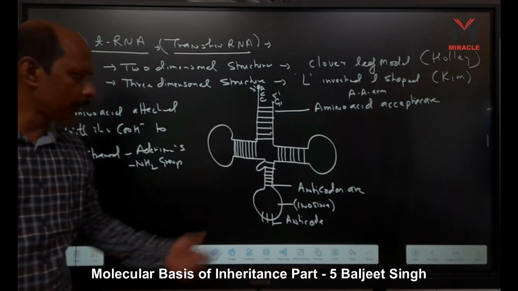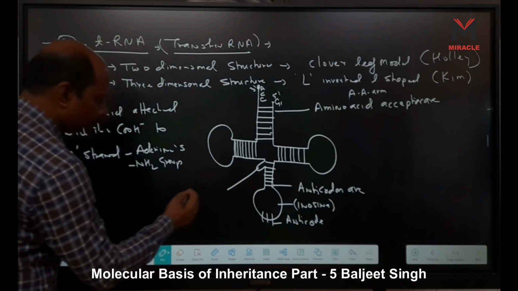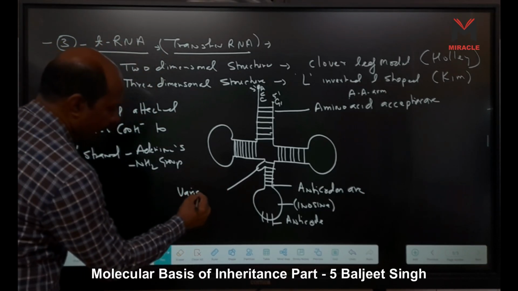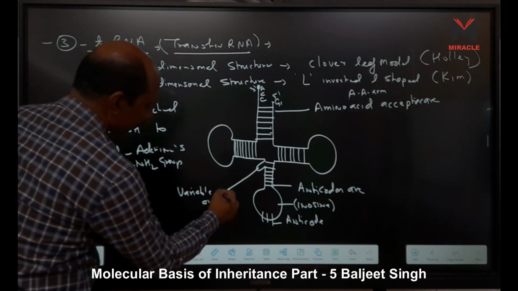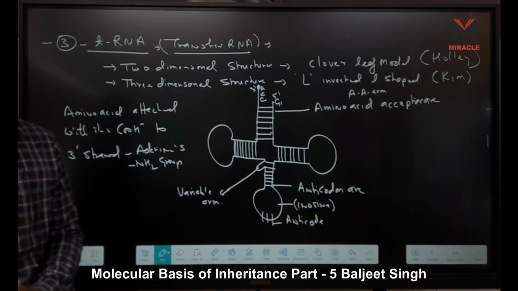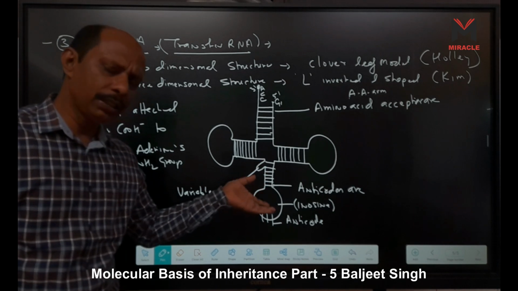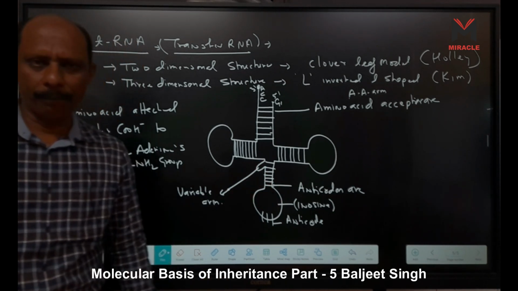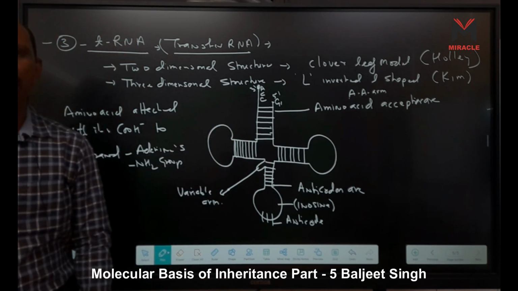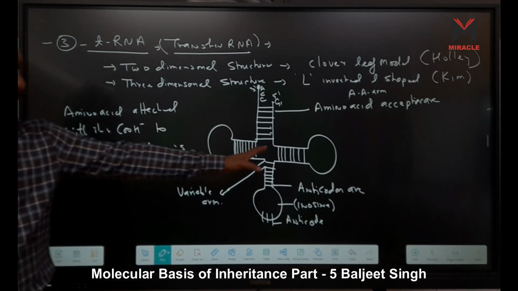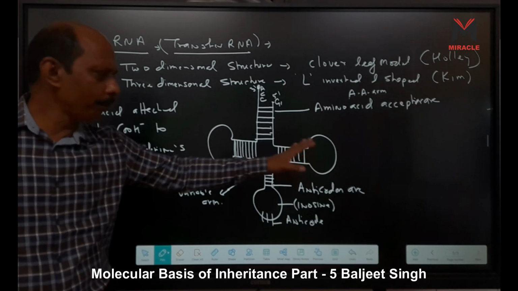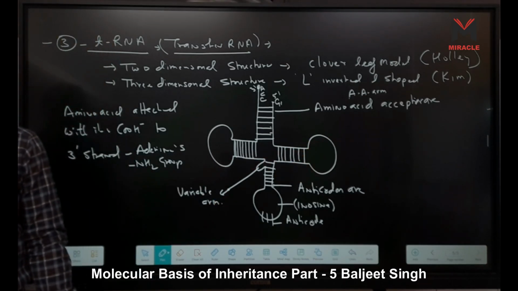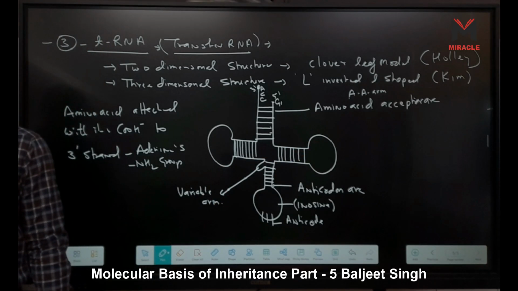Now, this one is the variable arm. It is called the variable arm because its structure changes. Now, one is the T psi C arm. Another one is called the DHU arm or dihydrouridine arm, right?